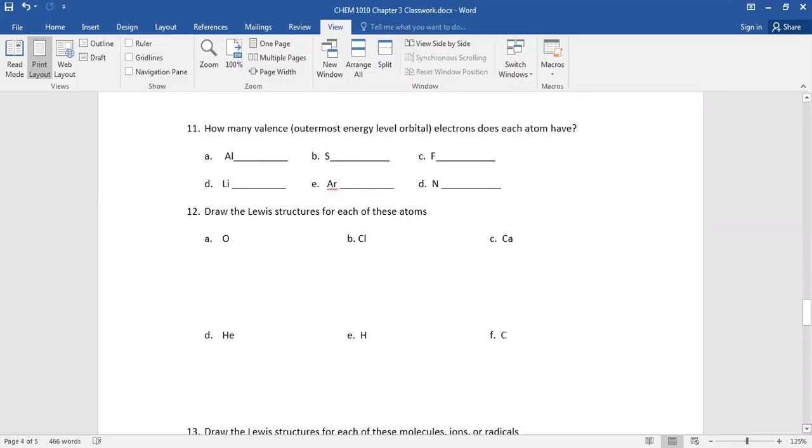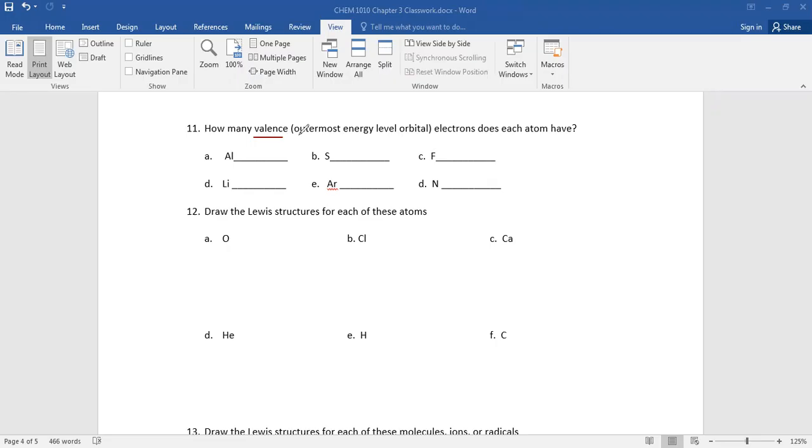And so in looking at the periodic table, we can determine the number of valence electrons that an atom has based on its group number. The number of valence electrons are the outermost energy level orbital electrons. So it's the electrons that lie in the outermost occupied energy level orbital.